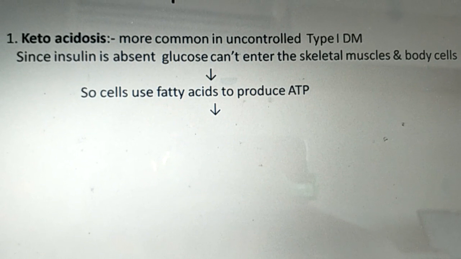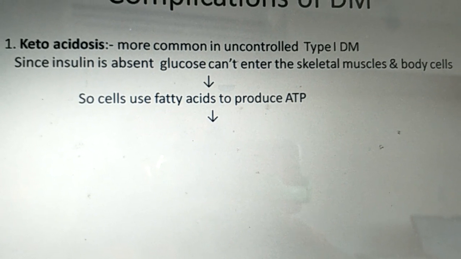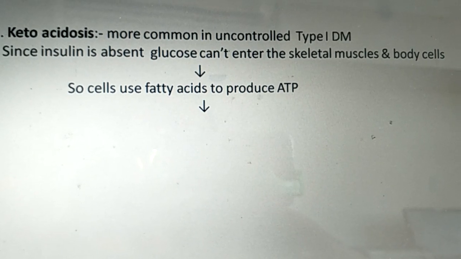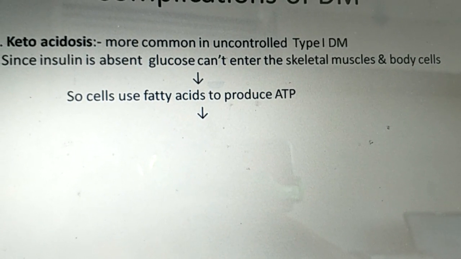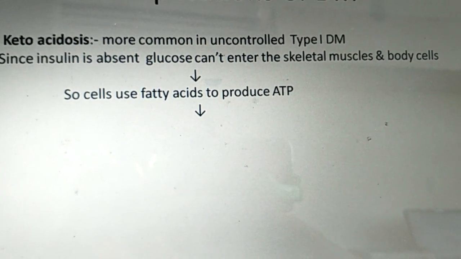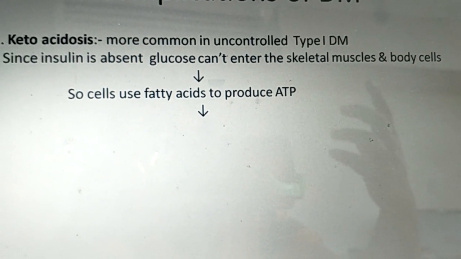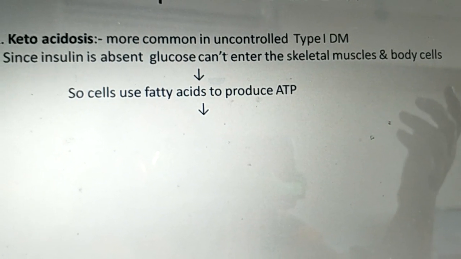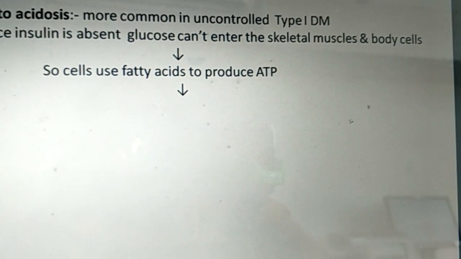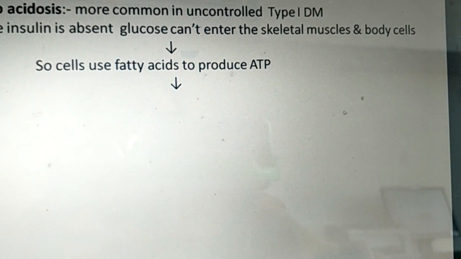But when insulin is not there, glucose is not transported inside the cell. We can put it that cells are deprived of glucose. They are starving in excess. There is excess glucose present in the blood, but cells cannot use it as the glucose is not entering the cells. Hence, cells look for an alternative source and start using fatty acids to produce ATP.